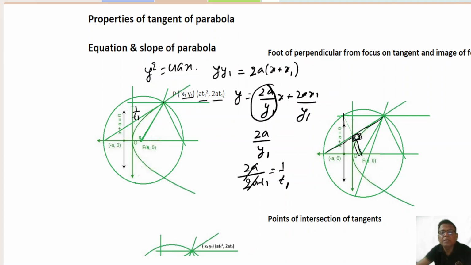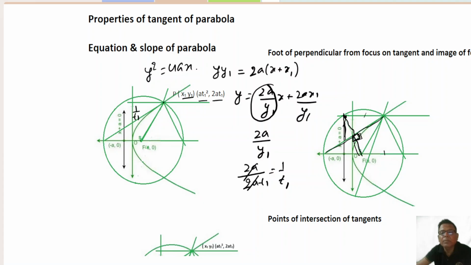So if you extend this to the same length, then it will cut the directrix, and if you draw a line parallel to the x-axis, it will be the same point.